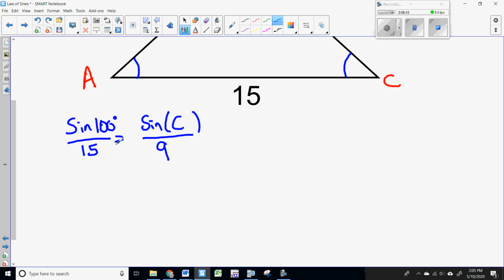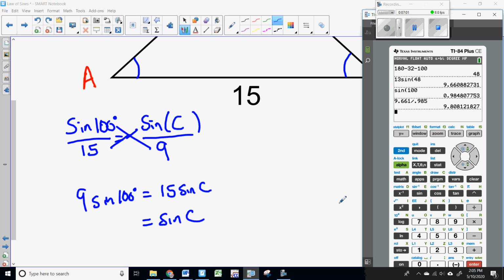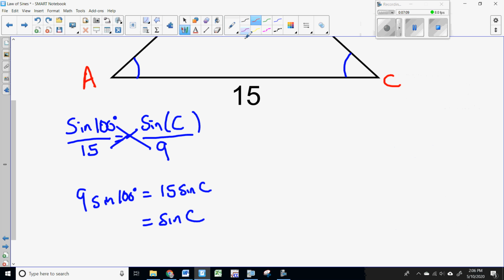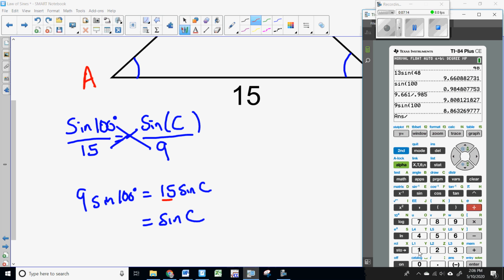So now I'm going to cross multiply. So I get 9 times the sine of 100 equals 15 sine of C. So in my calculator, I will take 9 sine of 100. And then to solve here for C, I'm going to need to divide by 15. So I'm going to divide by 15. And I get 0.591.